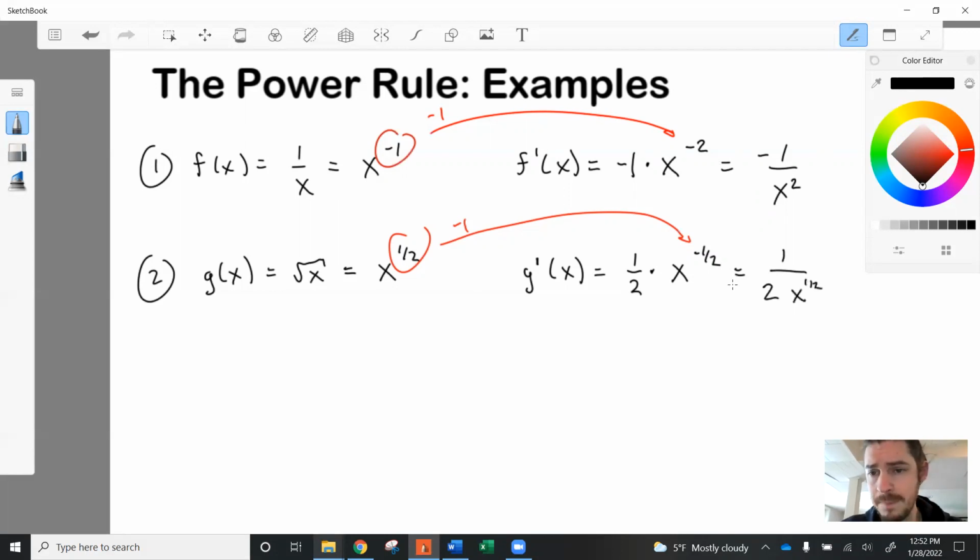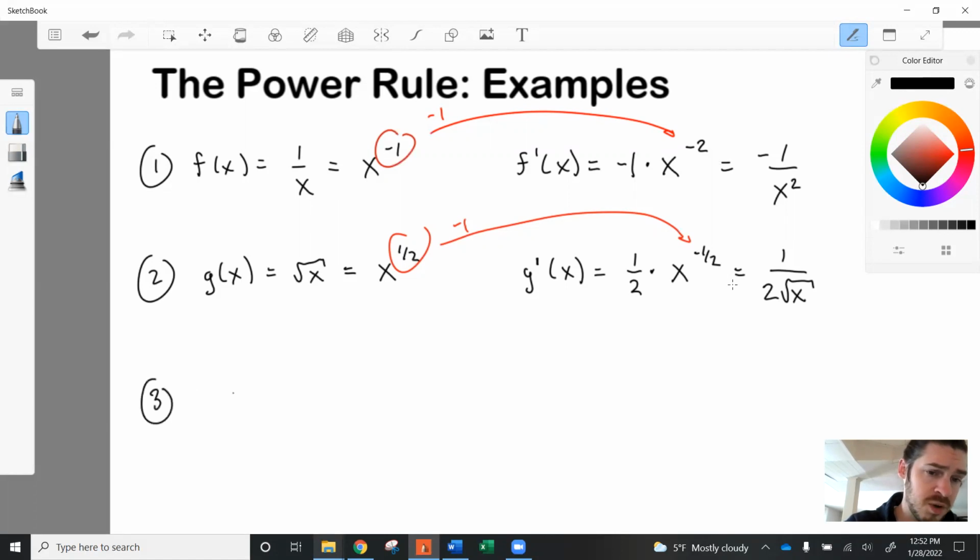You could write it like that, or reinterpret that x to the 1/2 as a square root. You get 1 over 2 times the square root of x. So that's how we can use the power rule on some simple rational functions, on radical functions. This works for 1/3, for -3/5, any fractional power that you want.